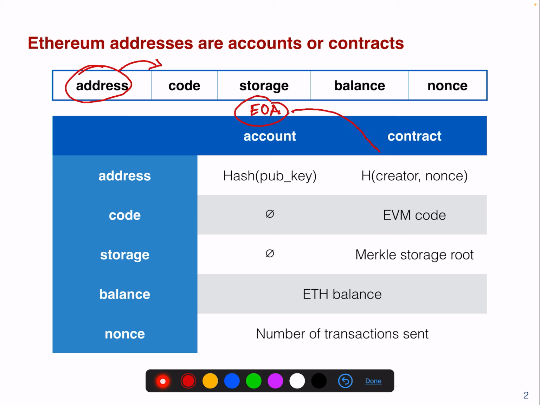So there's an address of an externally owned account, but this externally owned account also has a nonce. So you can basically create a contract address by having the creator and the nonce, and you take the hash of it.